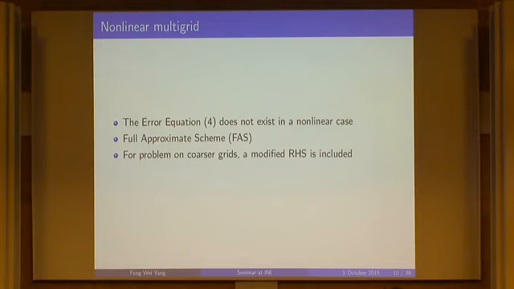Non-linear multigrid is slightly different, because one of the things that we really rely on in the linear case is the error equation, but this error equation doesn't exist in the non-linear case. So we have to think about something else. There is one scheme called FAS, the full approximation scheme, which says that once we restrict the residual, we can also restrict the solution we computed on the fine grid.